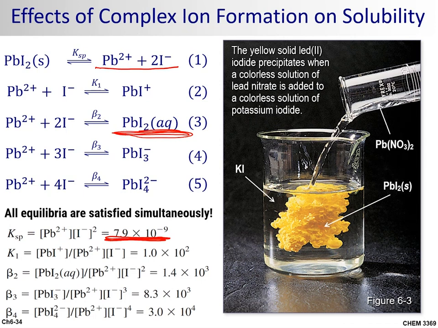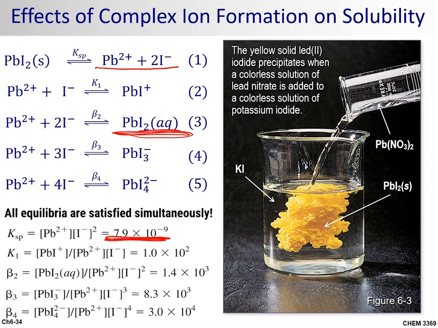So we can use this first equilibrium. If you know the concentration of I minus, we can plug it into the solubility product for PbI2 and get the concentration of Pb2+. And this is regardless of whether there are other reactions involving Pb2+. This equilibrium has to be satisfied.